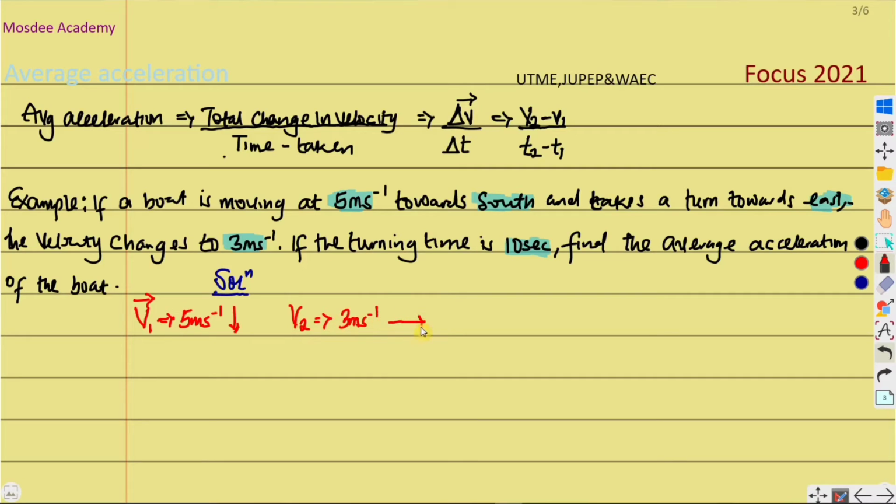Then we are looking for the average acceleration. By the formula, average acceleration is equal to v2 minus v1 divided by the time, which was given already to be 10.